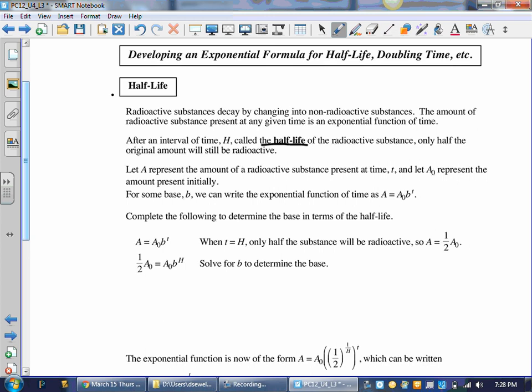That means that only half of it will remain after a certain time. So if I said there's 100, I don't know, 100 grams of a radioactive substance and it has a half-life of 5 days, that would mean in 5 days there would only be 50 grams left. And then in another 5 days there would only be 25, and it keeps going down by a half.